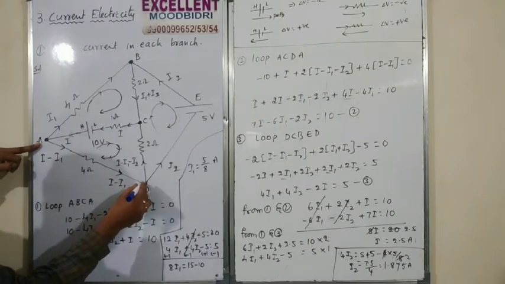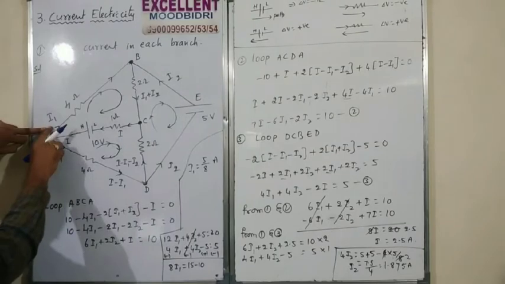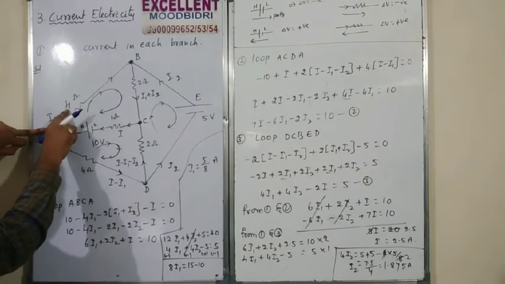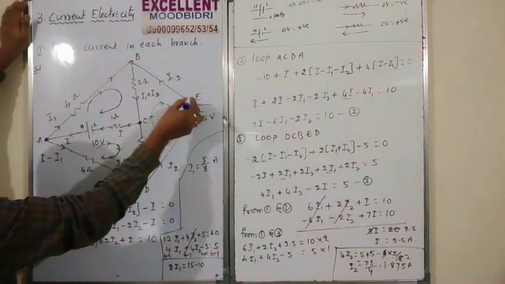That means in this branch I minus I1 current is flowing up to here, again a junction. Now the top network, you can observe. This is the I1 current flowing through the 4 ohm resistor, and it comes to the junction here. This is the I2 current.